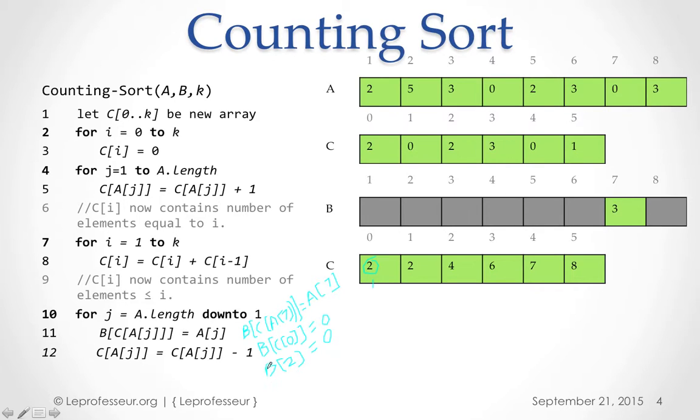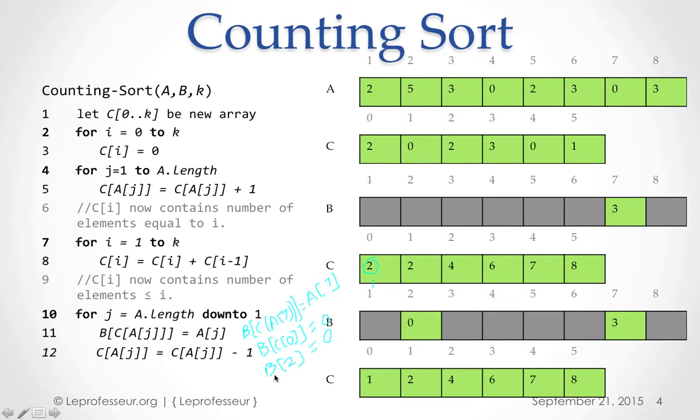Okay, so we got the position, we got the element at position number 2 in our sorted array B. Okay, pictorially we can see it like this, and we decrement 1 from C because we know that now we have placed one more element in the sorted array. Good, isn't it simple?